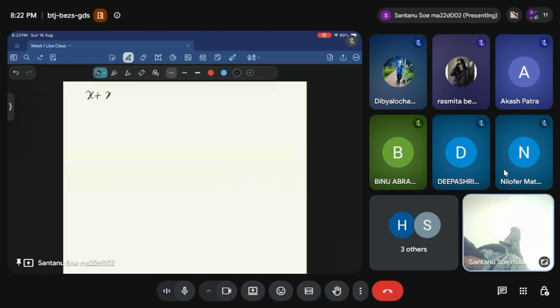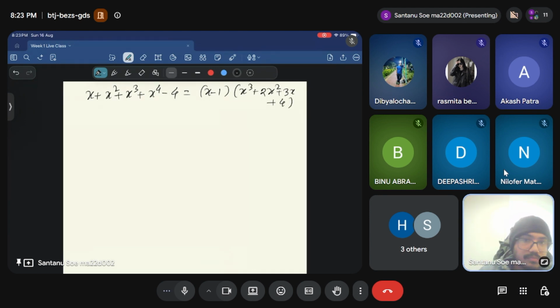x plus x squared plus x cube plus x to the power 4 minus 4 equals (x minus 1) into (x cube plus 2x squared plus 3x plus 4). So you can write the whole term like this.